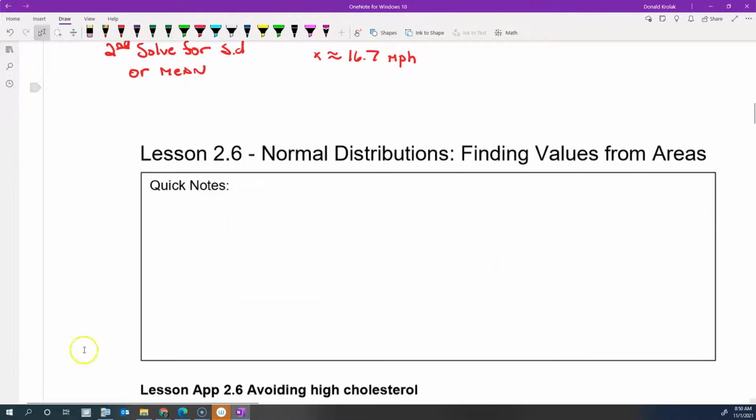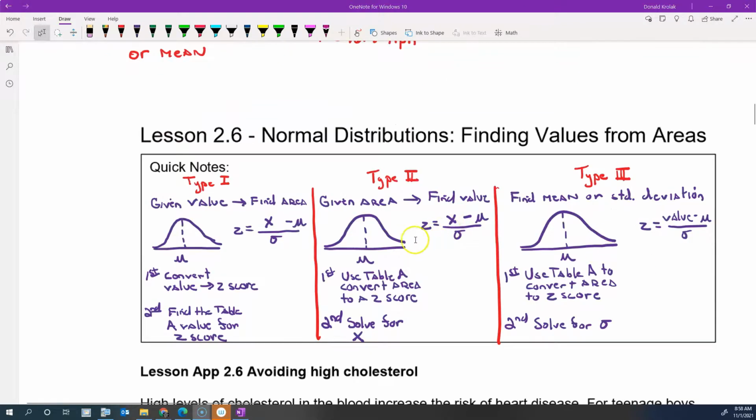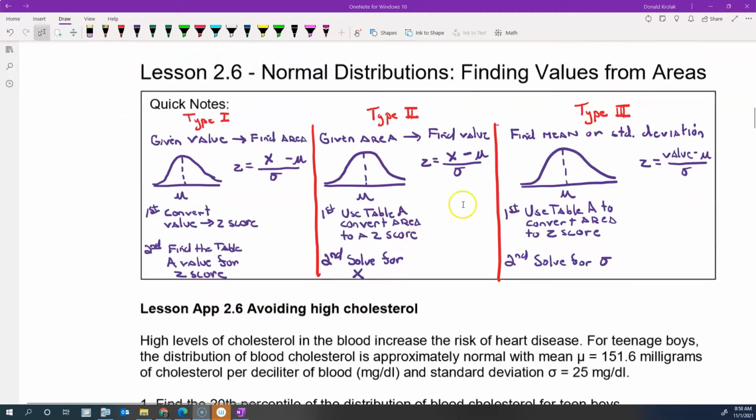Okay? And then we'll stop there for today. We'll practice identifying what kind of problem you got, and then using these summaries right here to solve for it.